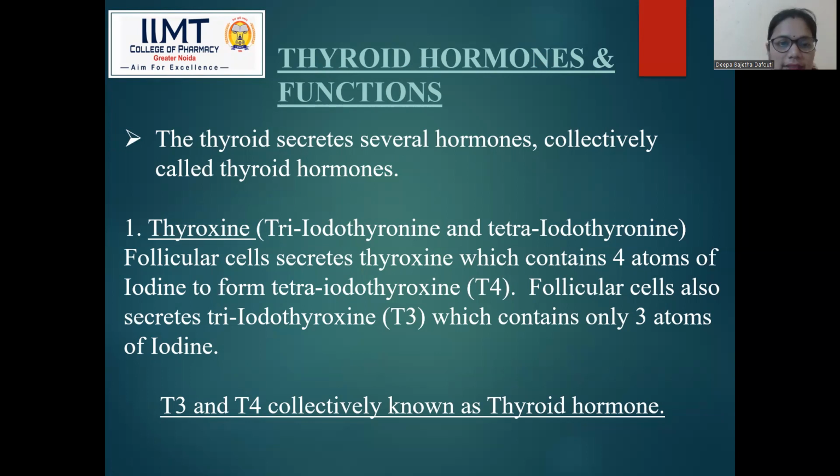The follicular cell secretes thyroxine, which contains 4 atoms of iodine to form tetraiodothyronine T4, and the follicular cells also secrete triiodothyronine, in which 3 atoms of iodine are present. T3 and T4 are collectively known as thyroid hormones.